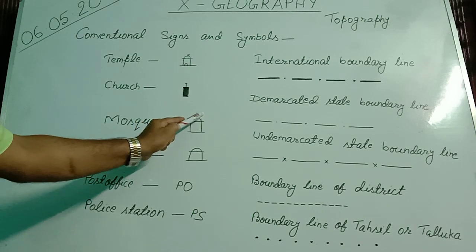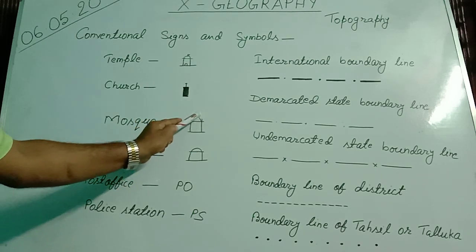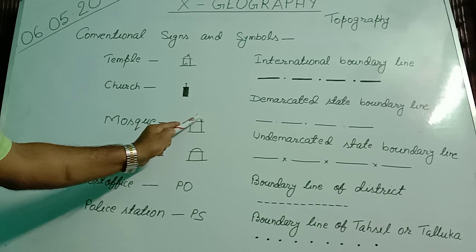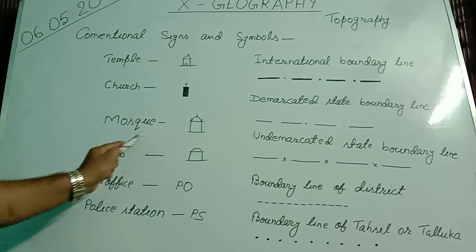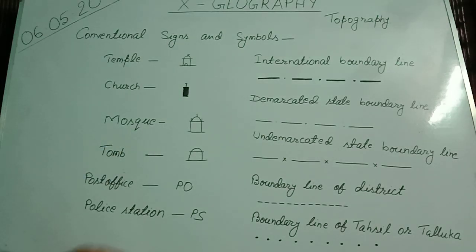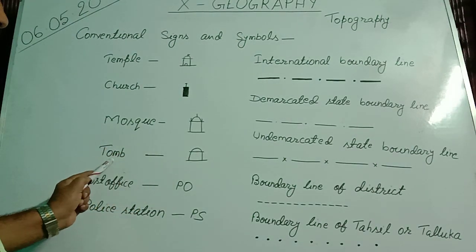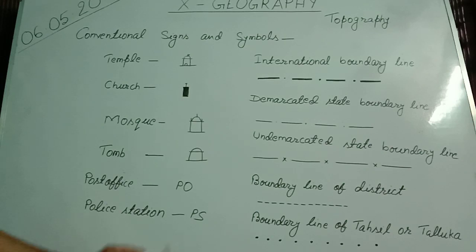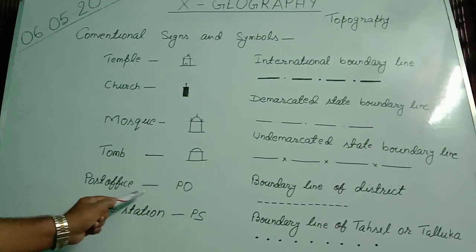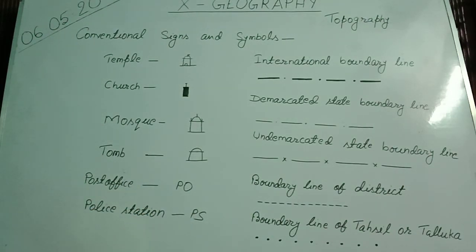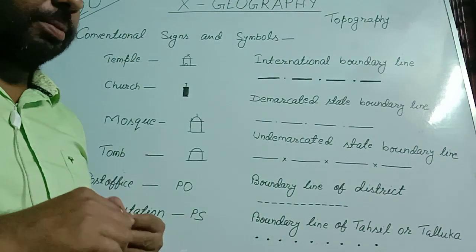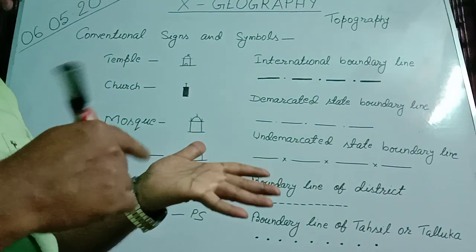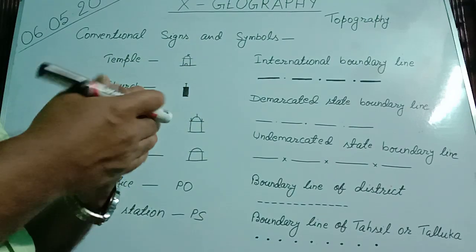Here two lines are produced and one more line is drawn at the top. This is the symbol of a mosque and this symbol is of a tomb. PO is the short form of post office and PS is the short form of police station. A few more short forms you will get in that table. Again, we will discuss those when they come up in our questions.